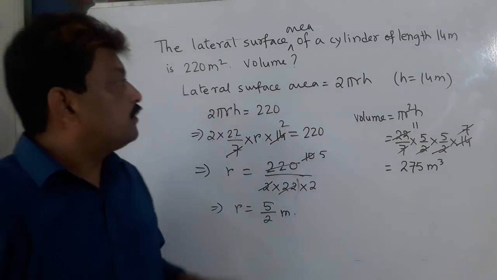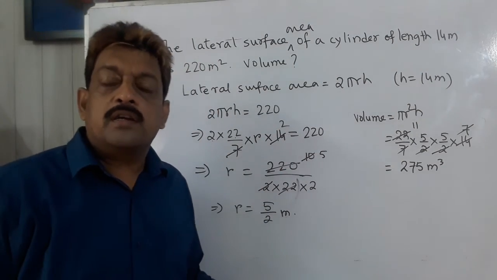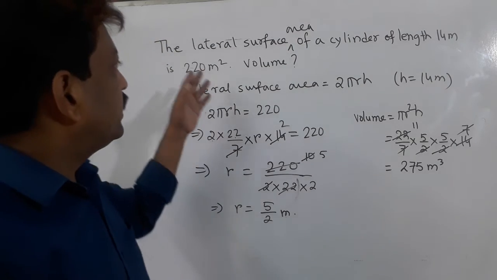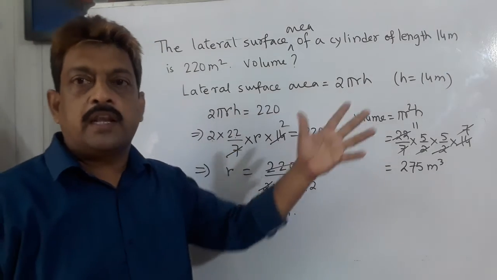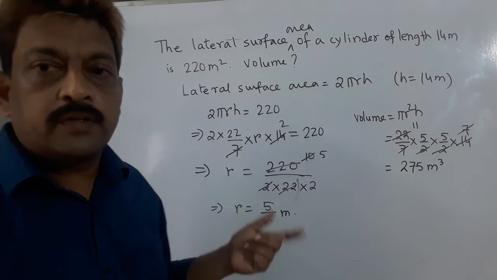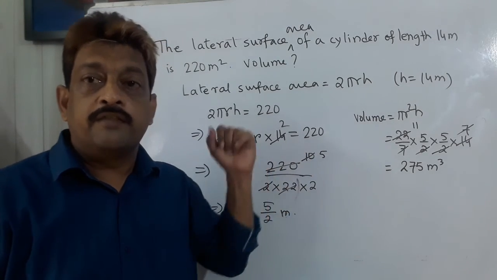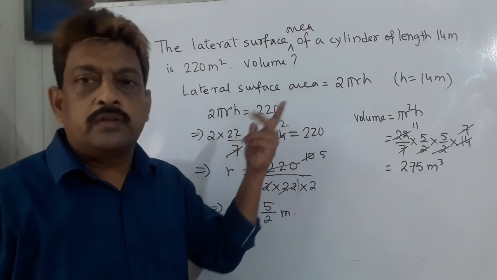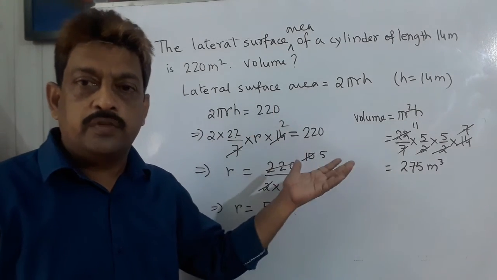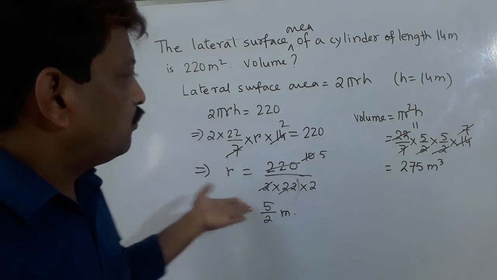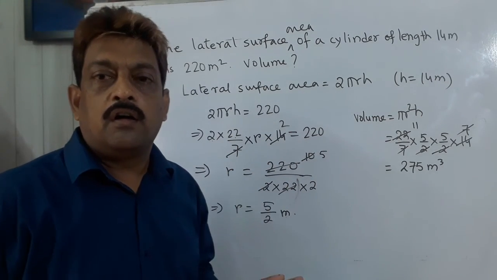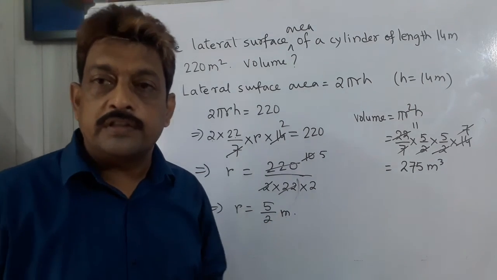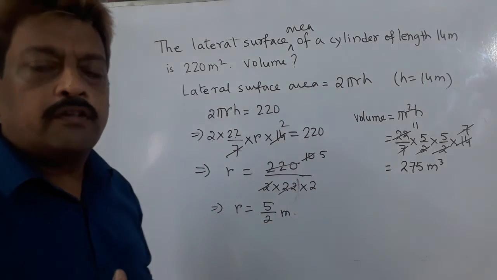So thus, if the radius and height of the cylinder are not given directly, they will be given in different forms. Sometimes the lateral surface area will be given, sometimes the circumference will be given. So from there we can find out the radius or the height, whichever is required, and then we can use the formula of volume of cylinder or surface area of cylinder or total surface area of cylinder, and we can find their values.